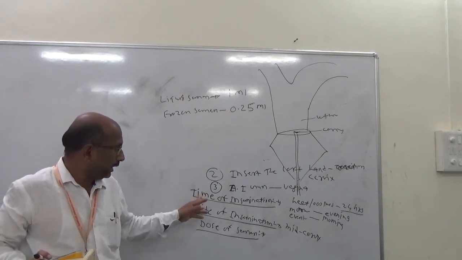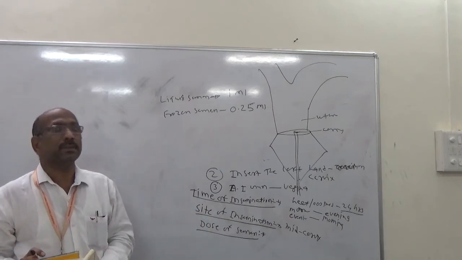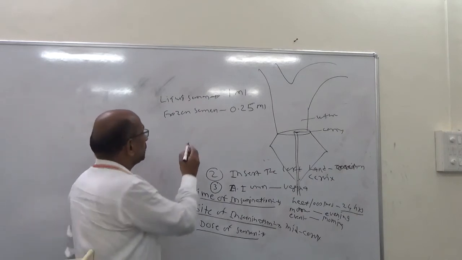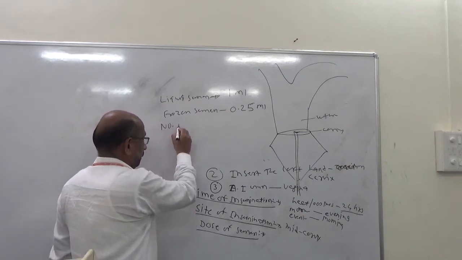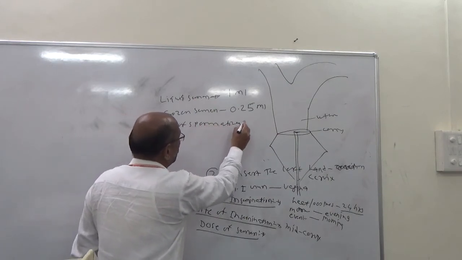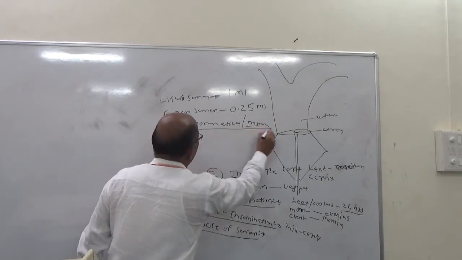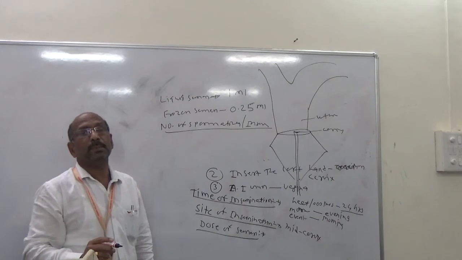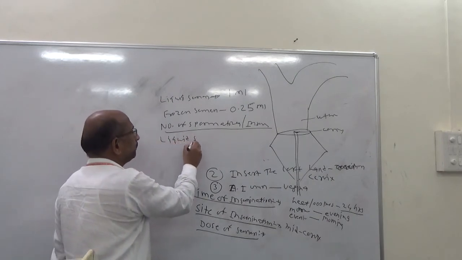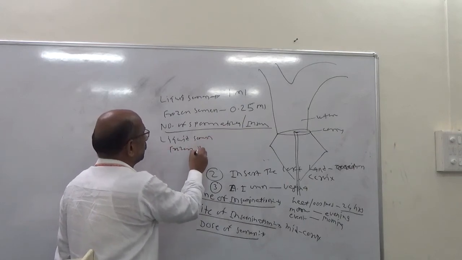So we covered the time of insemination, site of insemination, dose of insemination, and the last is the number of spermatozoa per insemination. Again, this differs for liquid semen and frozen semen.